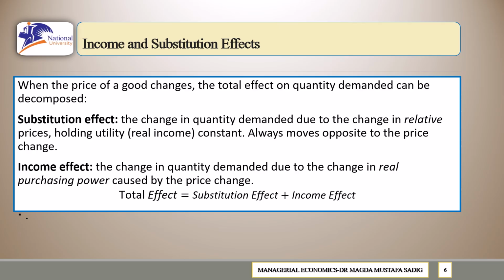They will purchase more coffee and less tea. So this effect always works opposite to price. Lower price means higher demand, and people will substitute the cheaper products instead of the expensive ones.